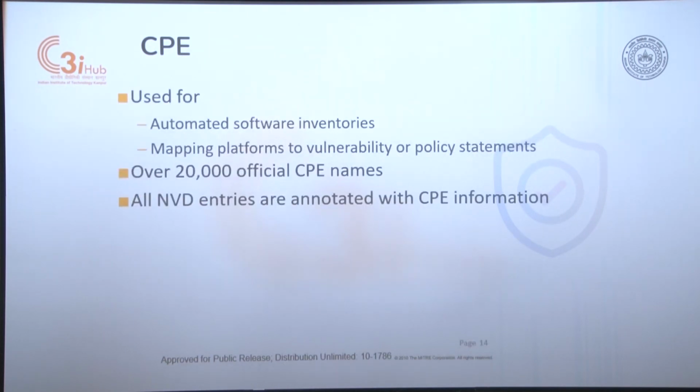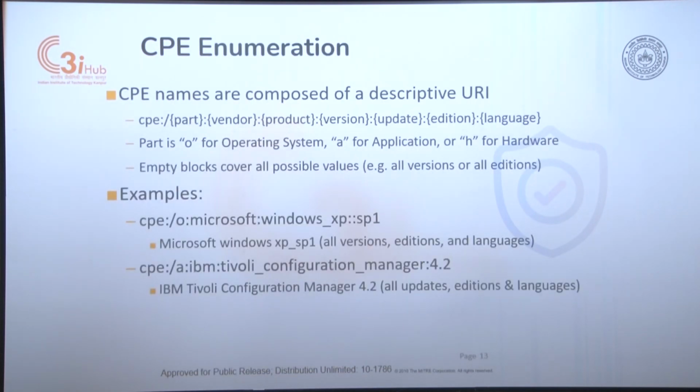Here is, let us say, Windows XP Service Pack 1. So we are talking about part is operating system, the vendor is Microsoft, the product is Windows XP, then the version you are skipping. So there is an empty block, skipping the version, and then update, so this is the Service Pack 1.